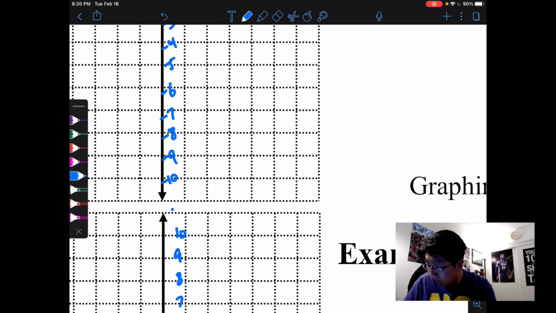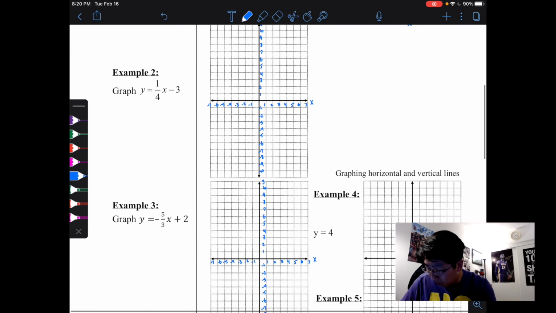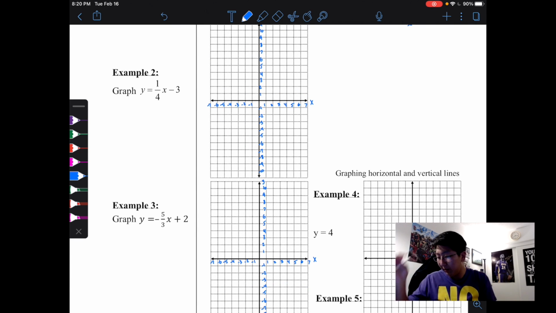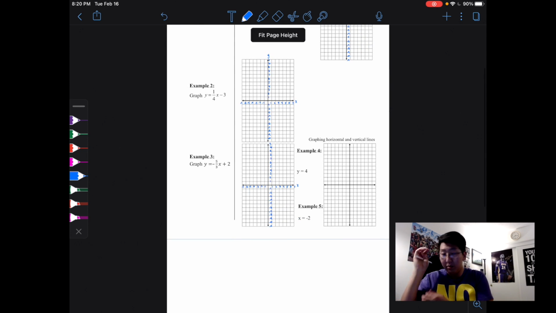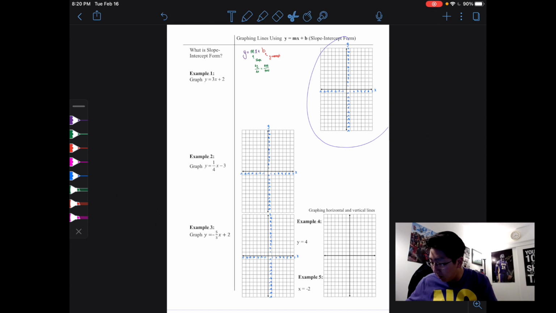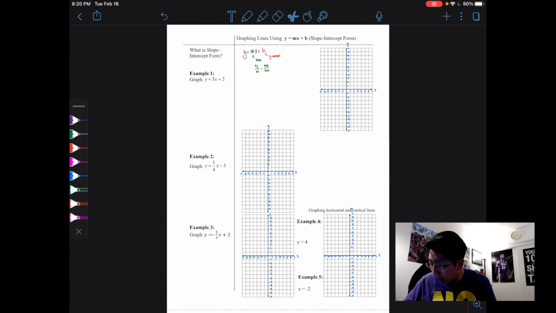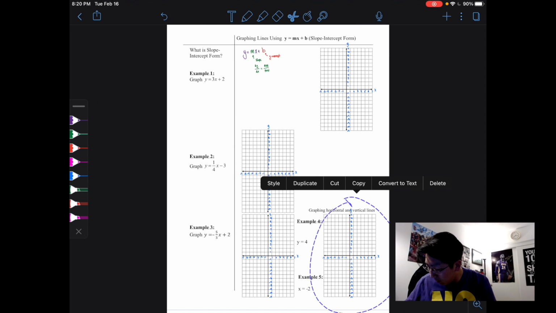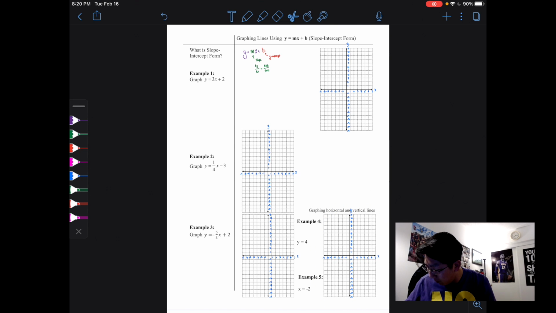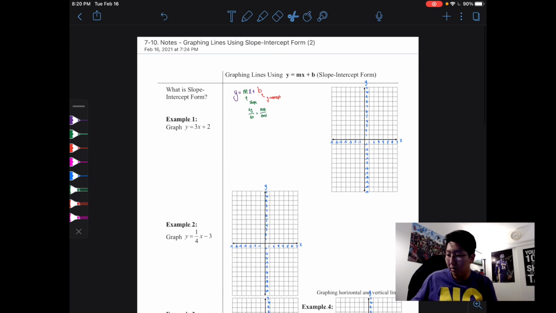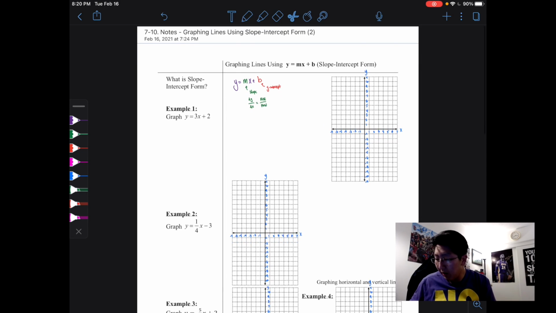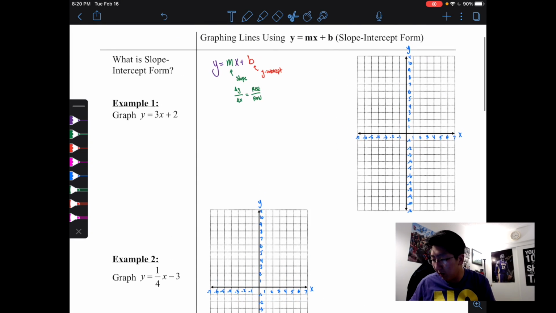I'm just going to mark Y. So now I'm pretty much set. Oh, I've got to do one more. Duplicate, and set that one up. Voila. Alright, so we're going to graph this first one.